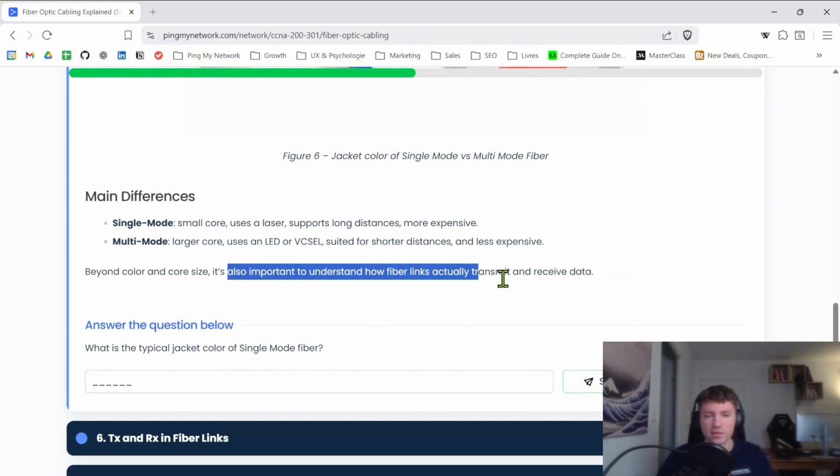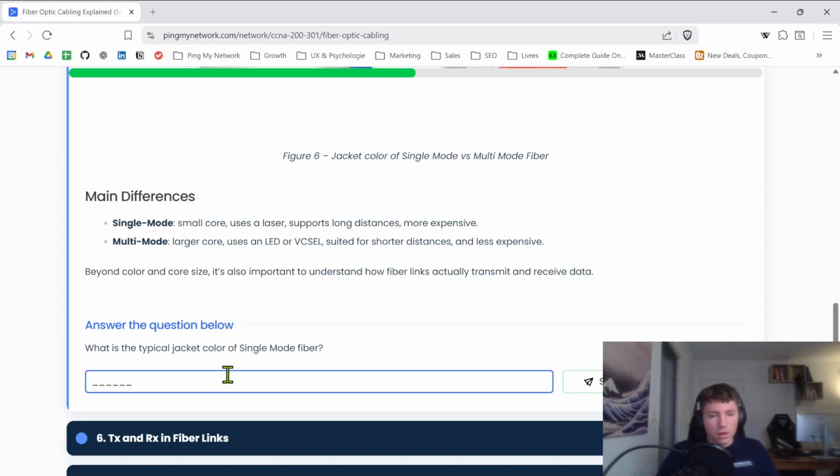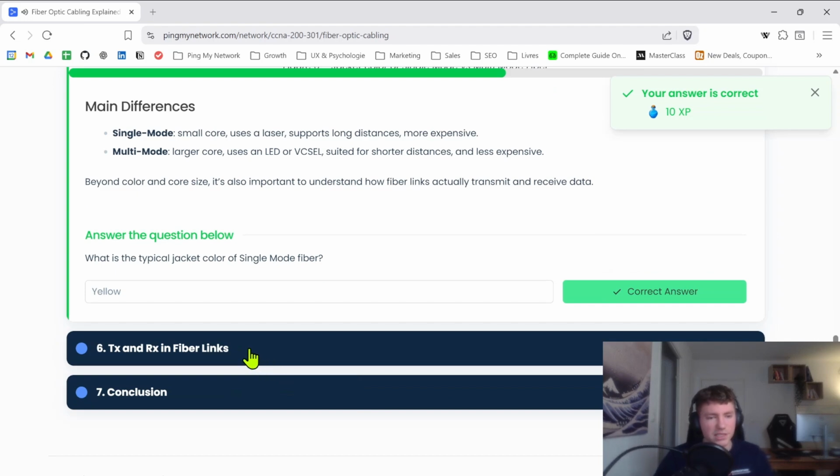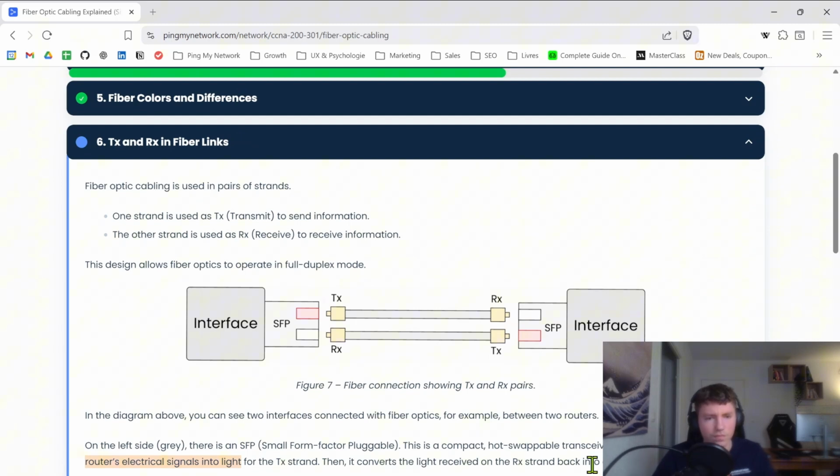It's also important to understand how fiber links actually transmit and receive data. TX and RX in fiber links. It becomes technical, but quite visual.